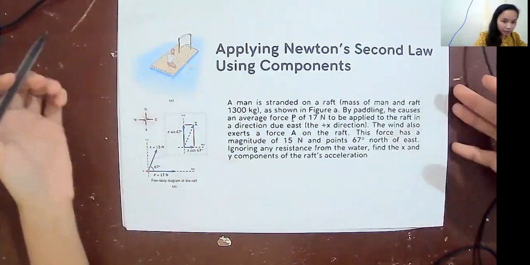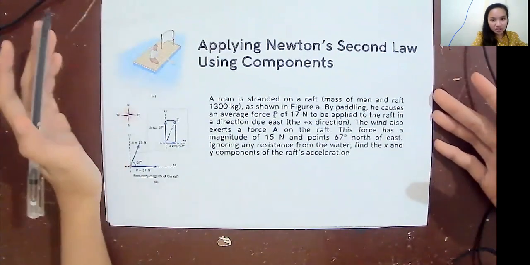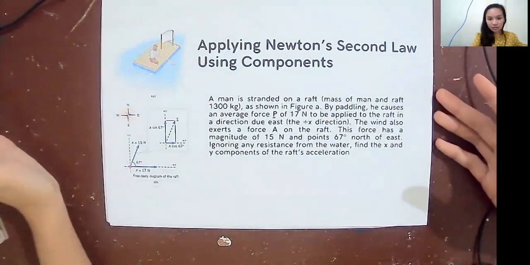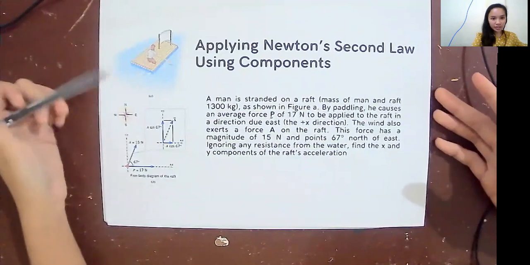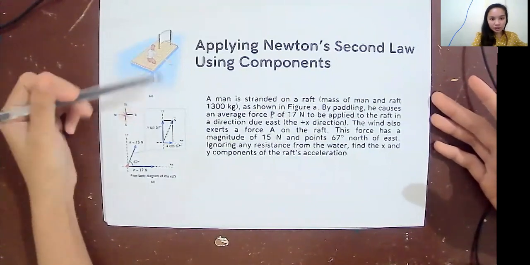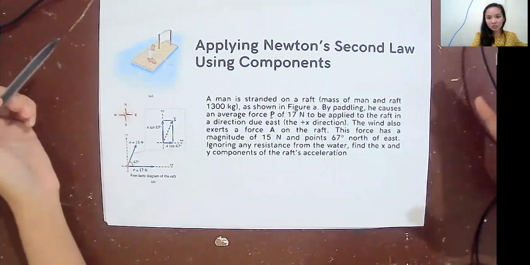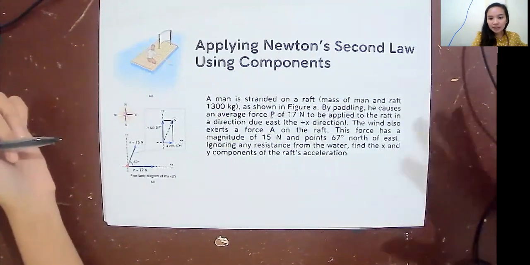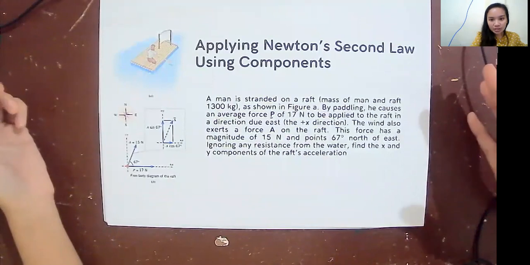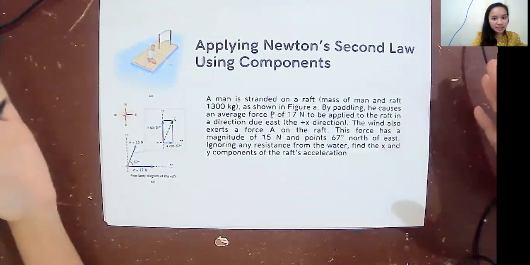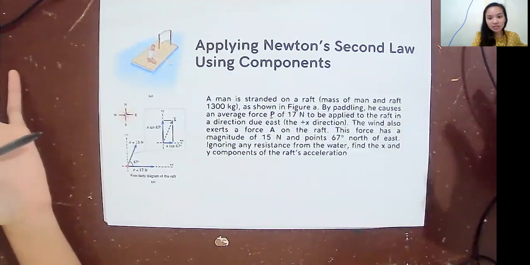Okay, so for the problem we have here, a man is stranded on a raft. Mass of man and raft is 1,300 kilograms as shown in figure A. So this is the figure. Okay, this is what is in our word problem, what is happening in the word problem. And then by paddling, he causes an average force of 17 newtons to be applied to the raft in a direction due east. Okay, so our east, again, that's on the positive x direction.